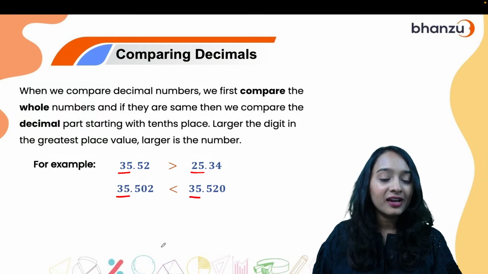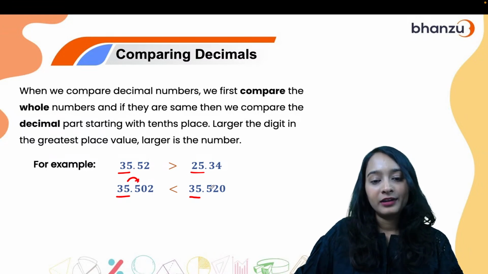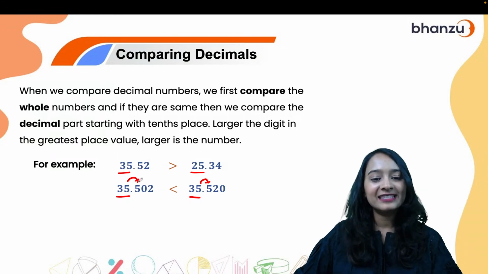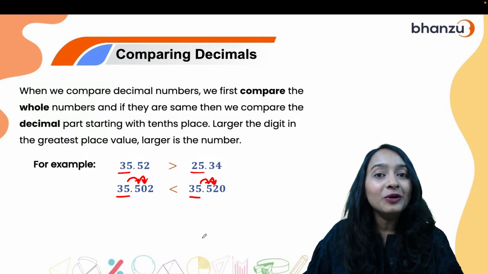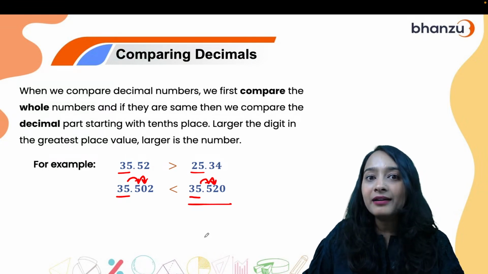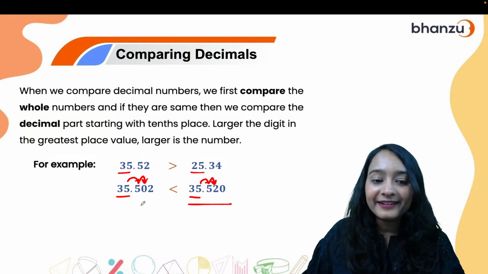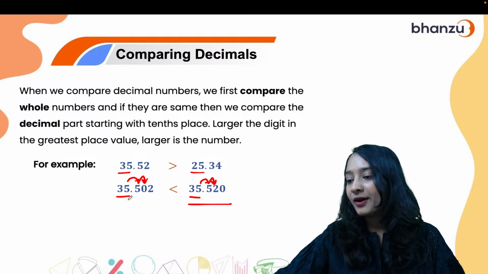What do we check? We check the next place. Here you have 5. Here also you have 5. So we again check the next number. Here you have 0 and here you have 2. Clearly 2 is greater. So 35.520 is greater than 35.502.